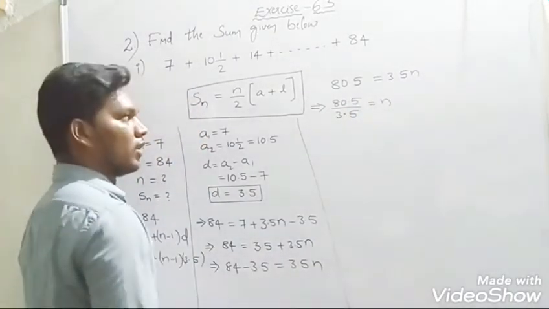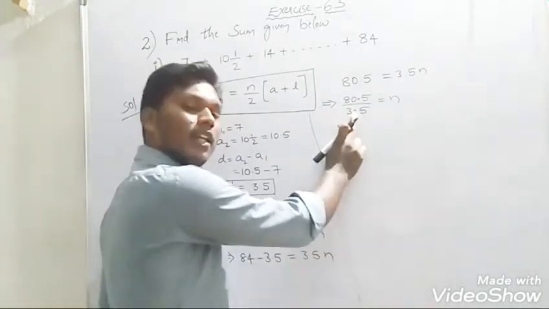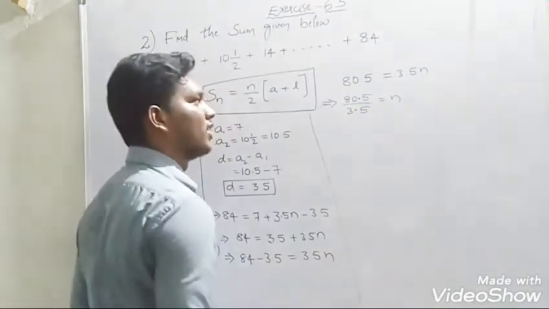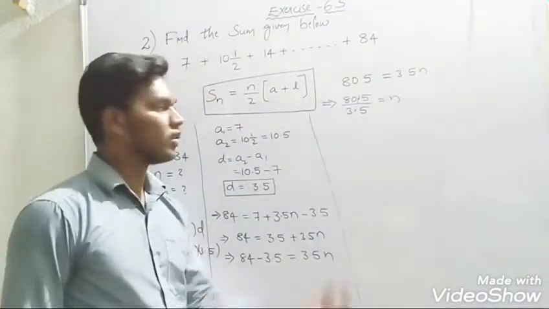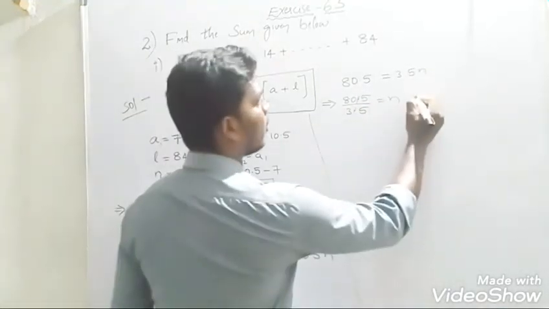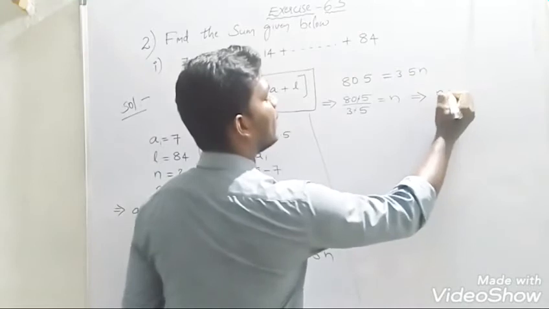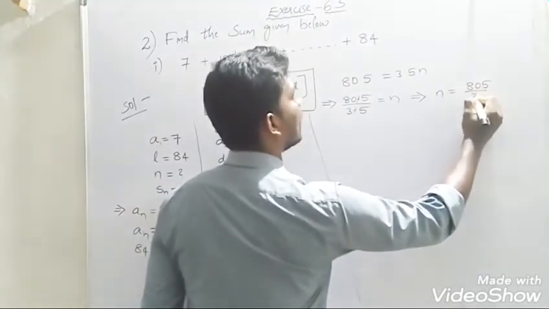Okay friends, after the decimal point we have one digit, and in the denominator after the decimal point we have one digit. So see, I can cancel this decimal point, right? That means multiplying by 10 and 10. So it will be cancelled. So finally we have n is equal to 805 by 35.